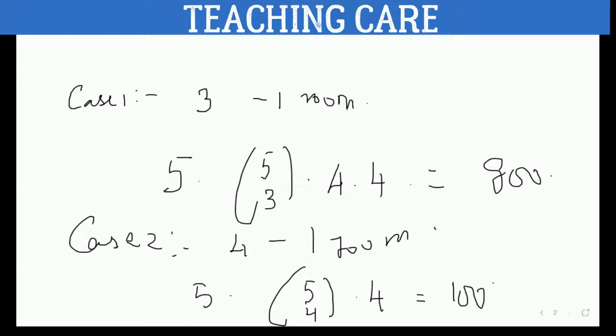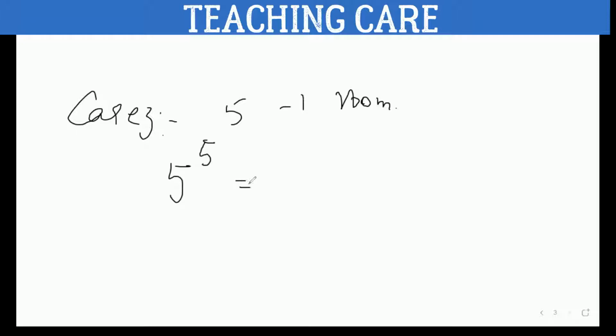Let's go to the third case. If I go to the third case, 5 friends are going to be in one room. If that is the case, there are 5 possible rooms in which they can be, so it is 5 to the power of 5, which gives 3,125 possible combinations.